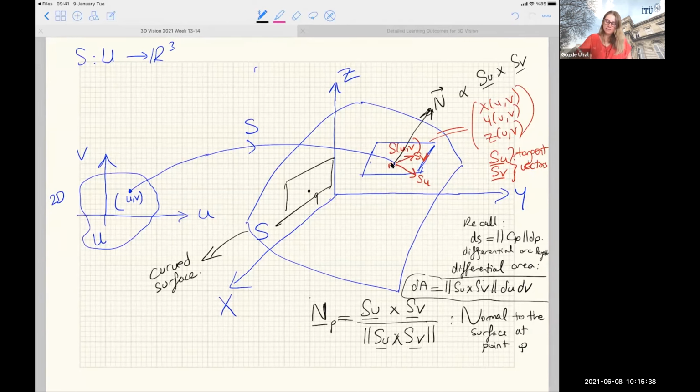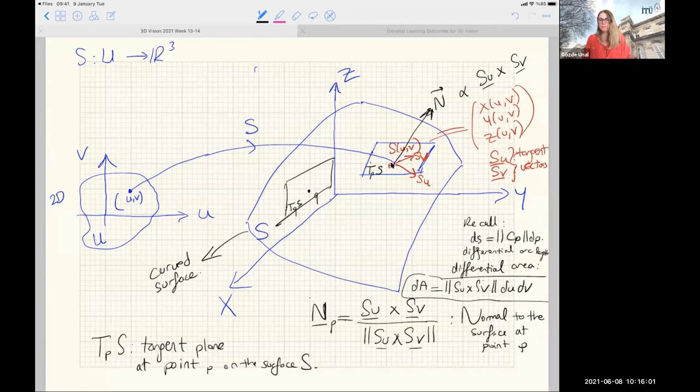So this tangent plane, we typically call T_P S. This would be T_Q S, okay? T_P S, tangent plane at point P on the surface. I hope these are clear. Very geometric stuff, really easy to visualize.